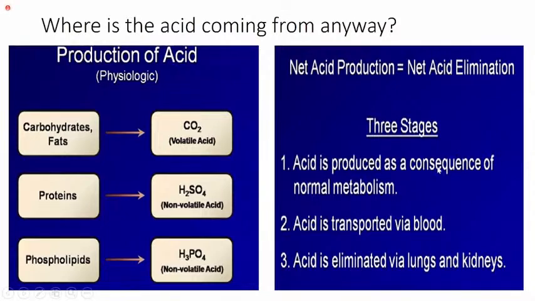You need to remember that acid is produced as a consequence of normal metabolism of your carbohydrates, your proteins, and your phospholipids. It's then transported via blood, and the net acid production should equal net acid elimination through the lungs and through the kidneys. Through the lungs, we're talking about volatile acids like CO2, and the kidneys help you to eliminate the non-volatile acids.